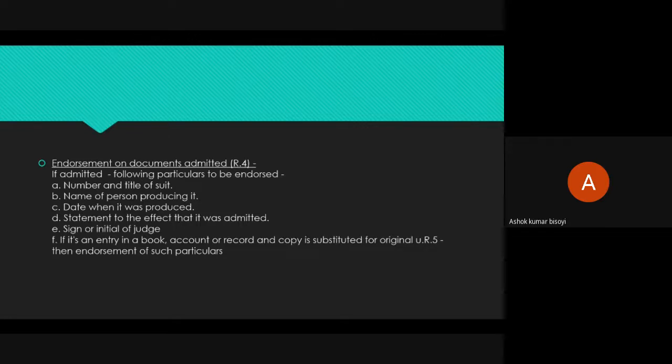You have to make a statement to that effect as well, and then the sign and initial of the judge.